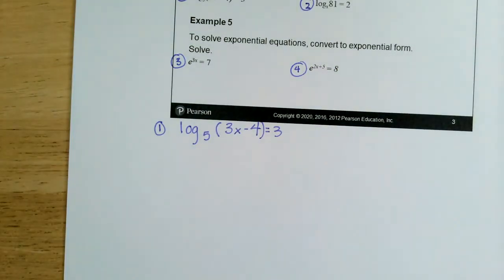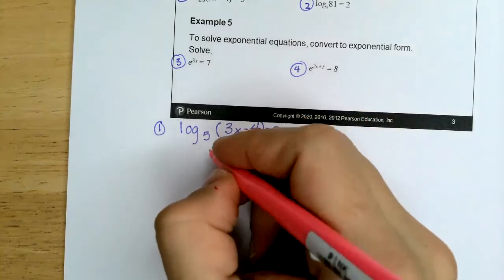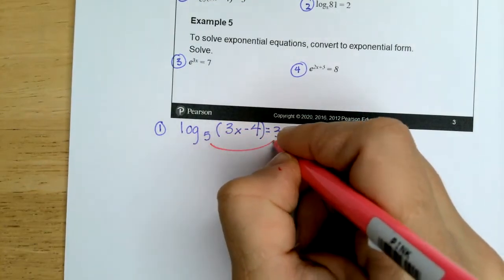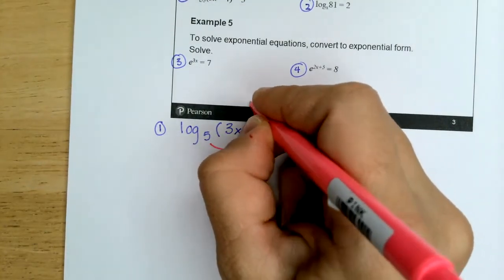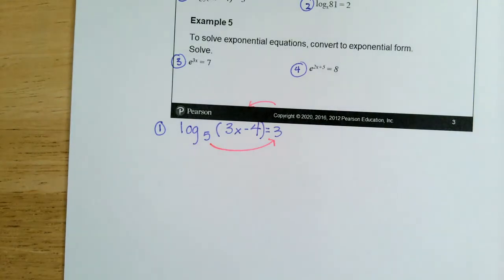So number 1 was log base 5 of 3x minus 4 equals 3. And I like that circle. So I'm going to start at 5, go to 3, end at 3x minus 4.